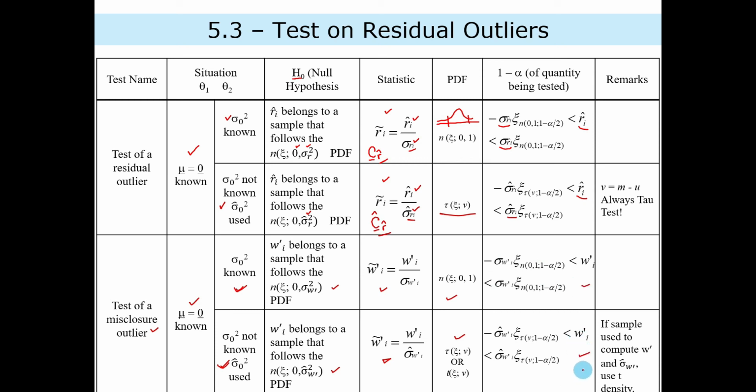It's a two-tailed test. How do you know when to use the tau distribution or the student t distribution?